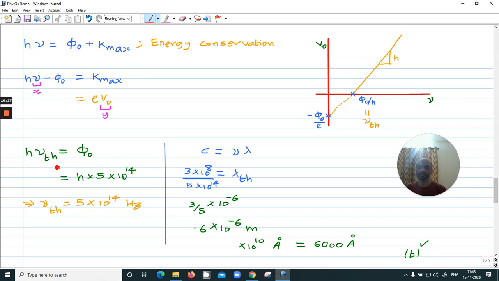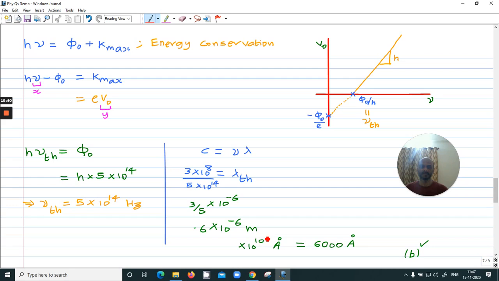So we get h into nu threshold will be equal to phi naught. So phi naught can be got from the x-intercept, which is h into nu threshold. So if the x-intercept is known, the threshold frequency is known, and using the relation c equal to nu into lambda, which is valid for any electromagnetic radiation, we can get the value of threshold wavelength.